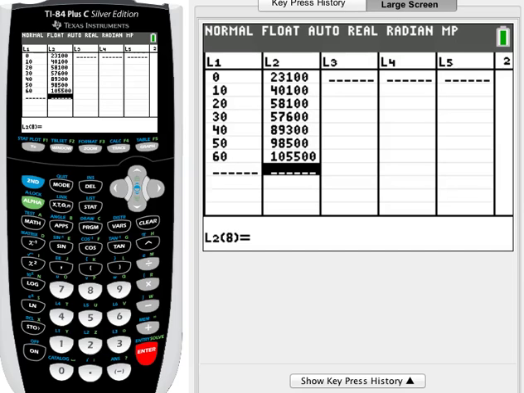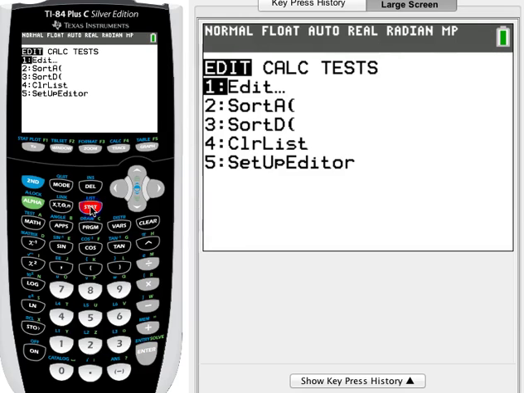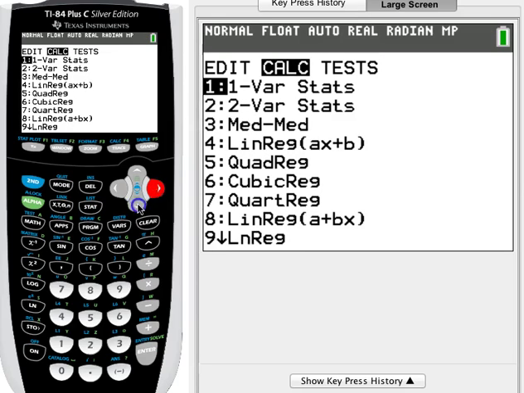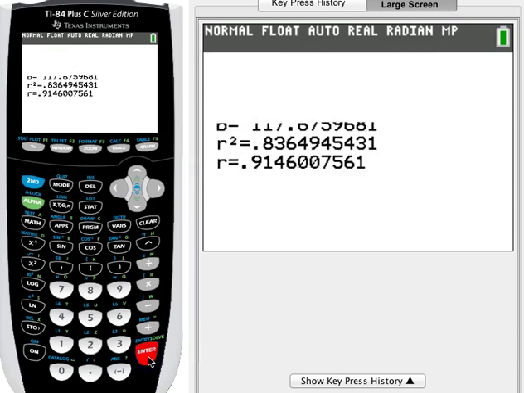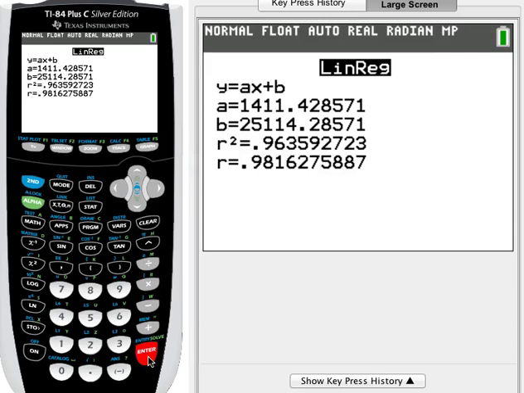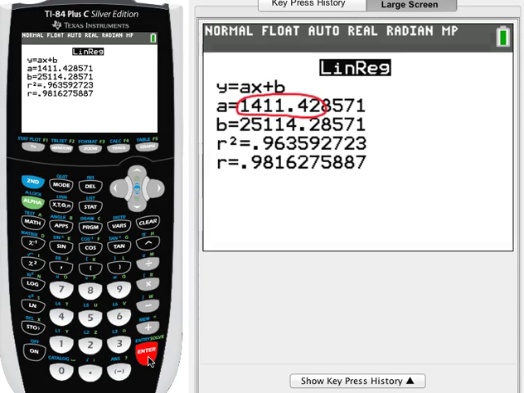Now I'm going to make that line of best fit. Remember, to make the line of best fit, you go back into Stat, over to Calculate, and then we're going to do a linear regression. And now notice my R and everything is automatically showing. That's just a one-time fix you have to do. So this is going to be my slope.